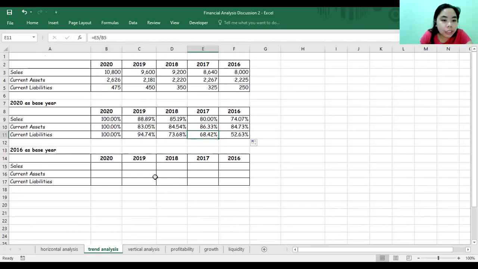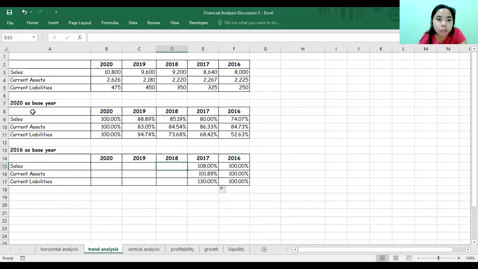But if we use 2016 as our base year, that means 2016 will be our starting point. So 2016 would be 100%. Then for 2017, we divide. So we understand better if we use 2016 as our base year because we go forward from 2016, 2017, 2018, 2019.